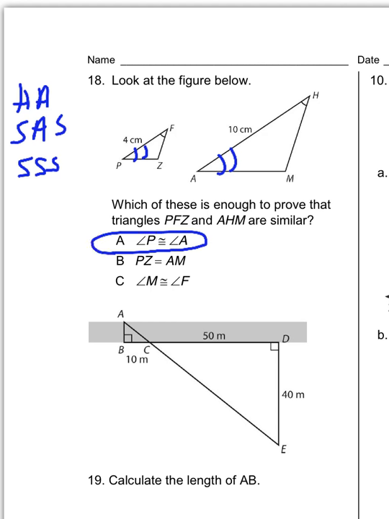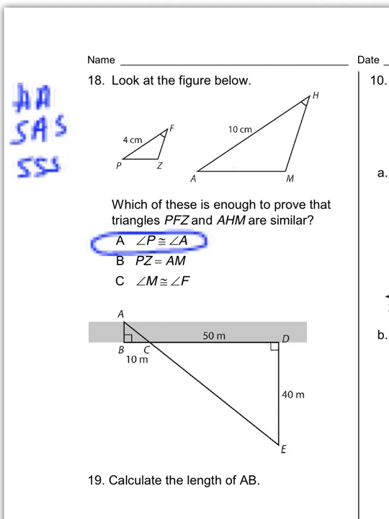On the other hand, PZ and AM, if I were to make those congruent, that would not be enough information, because in order for me to use side angle side, I would be needing MH and FZ. And the reason for that would be because I would need side, angle, side.